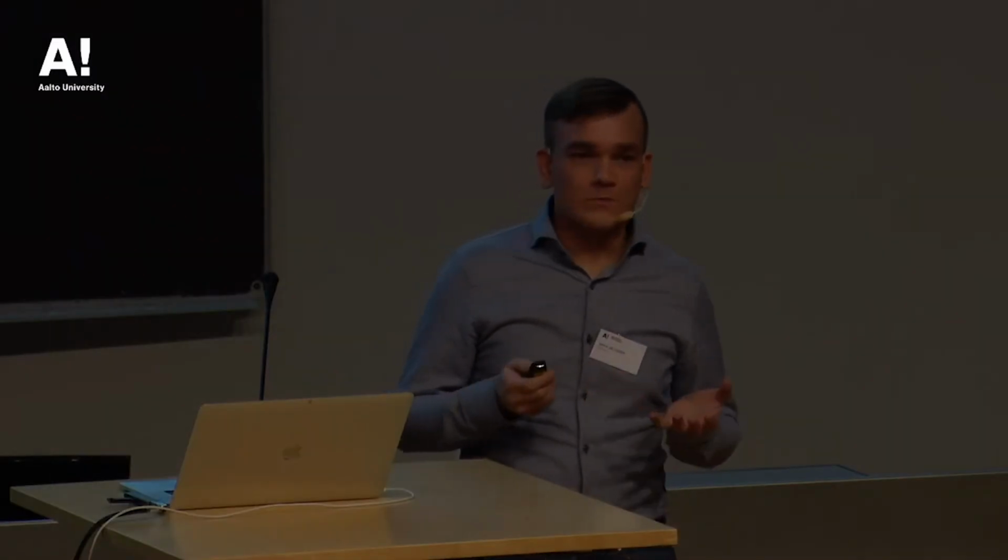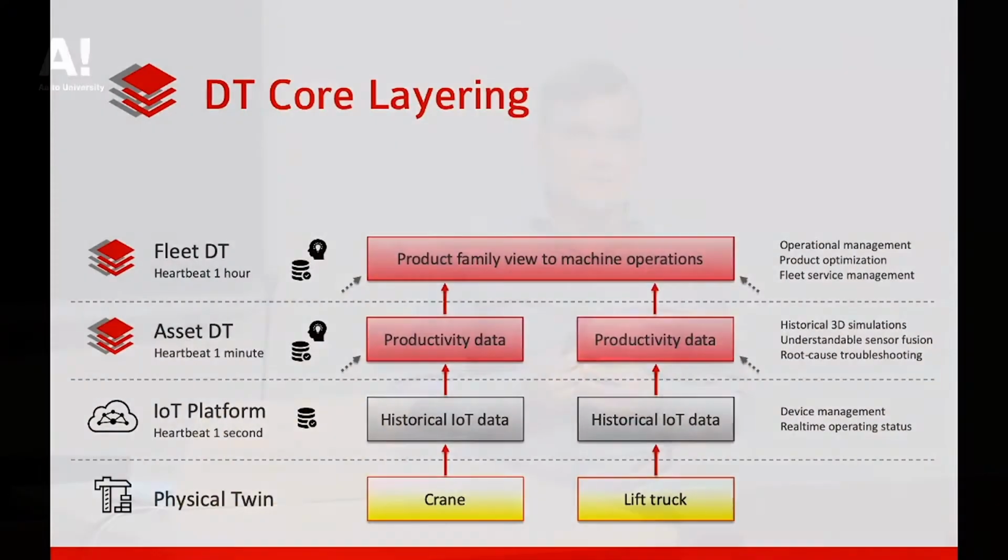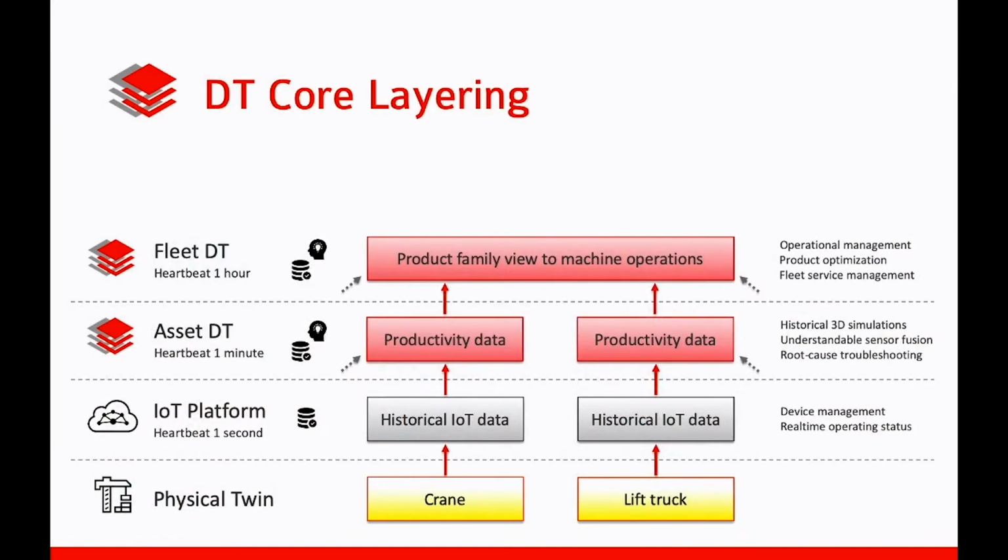Well, using the same DT core block, like putting another Lego on top of another, we can build a fleet DT. And there we can get a good view of the whole fleet, multiple assets. So these asset DTs can provide data and combine it into this fleet DT. And we can get like product family views for a certain operator or owner, for example.